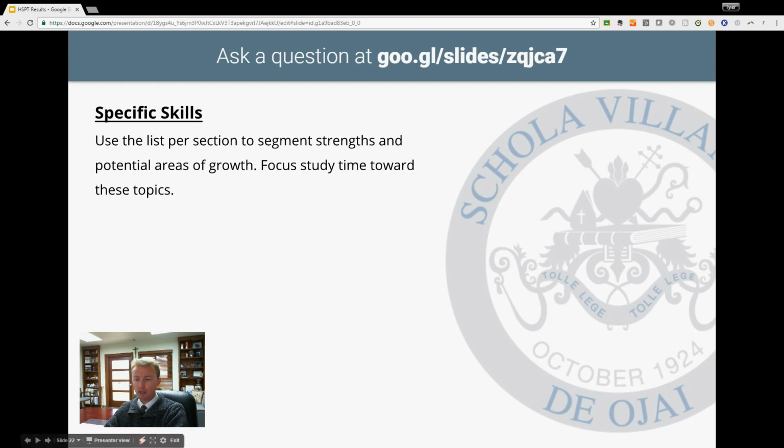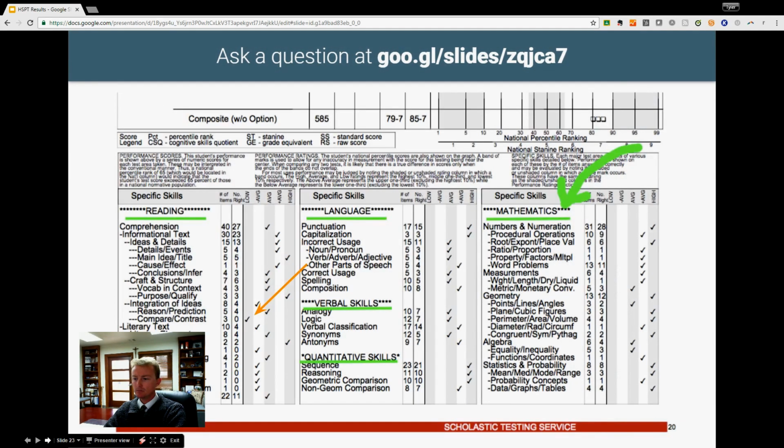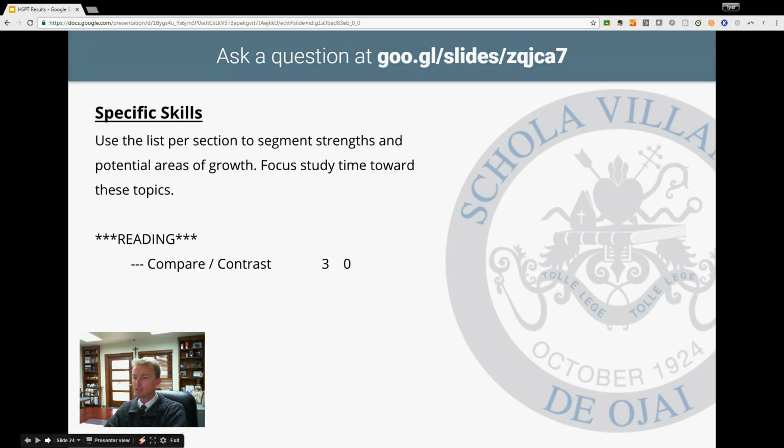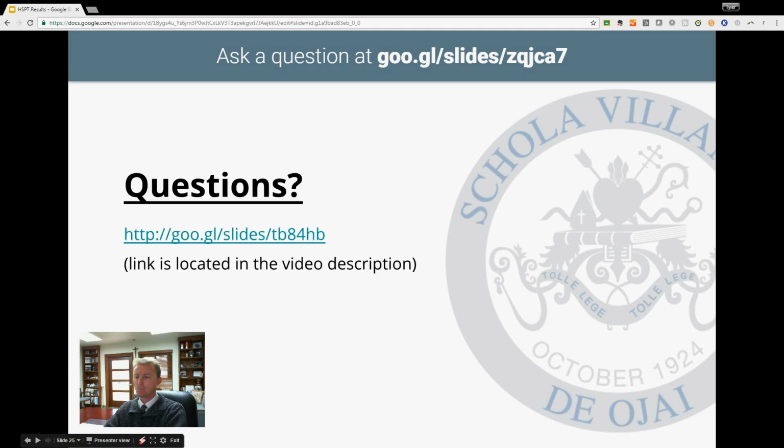Now, moving right along. So there's what I mentioned, the compare and contrast. That is certainly one example of where Charlie should improve, because he didn't get any right out of those 3.